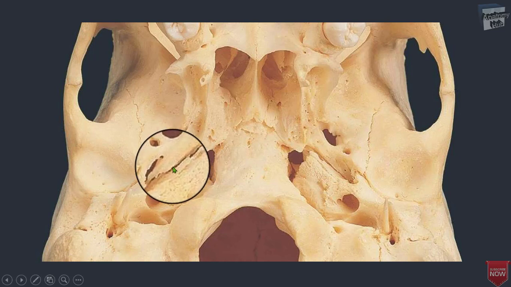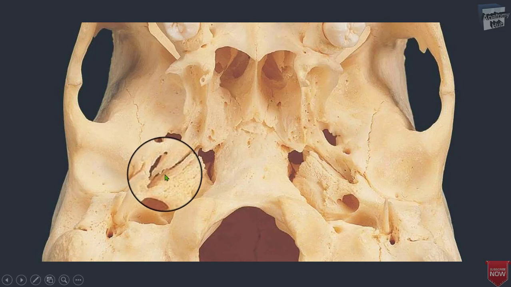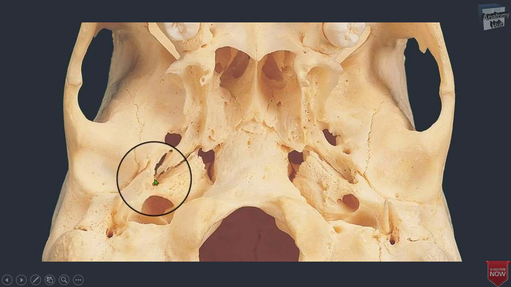So the cartilaginous and bony parts of the auditory tube are continuous at the posterolateral end of this groove.